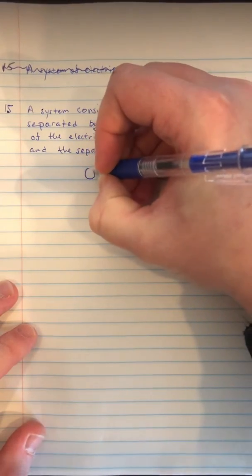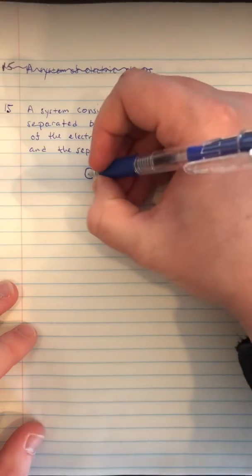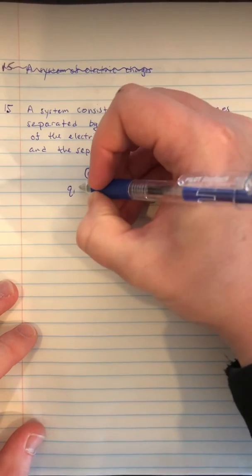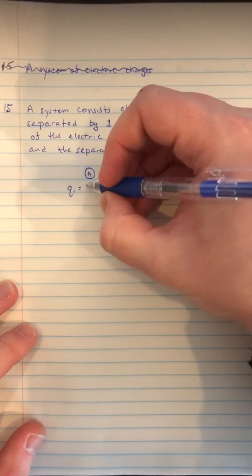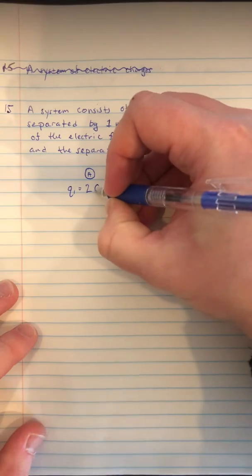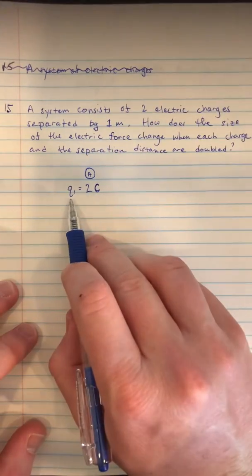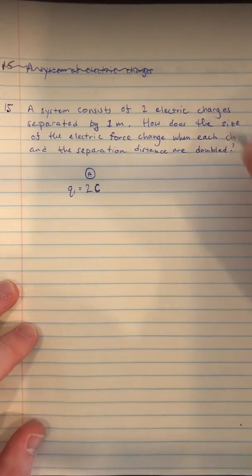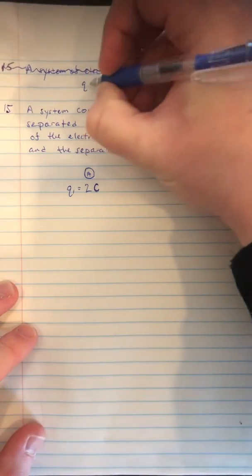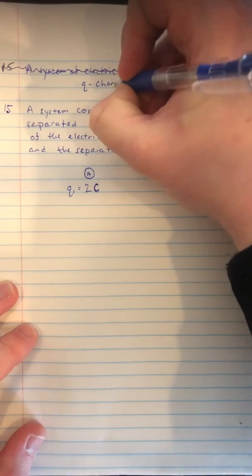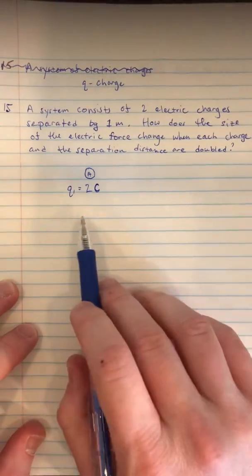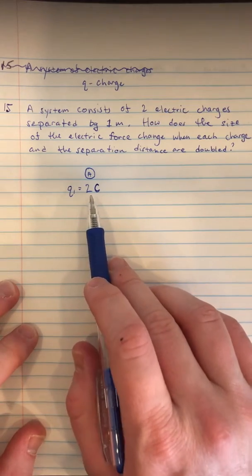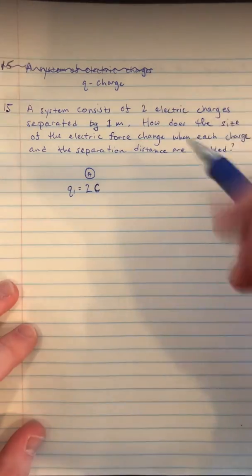So let's say we have a charge A that we'll call Q1, and it has a charge of 2 coulombs. Q is the variable for charge. Q is charge, and charge is measured in coulombs. Q1 is 2 coulombs, and 2 coulombs is really big, but we'll talk about that later.